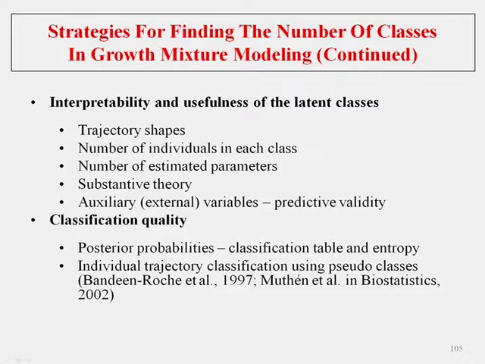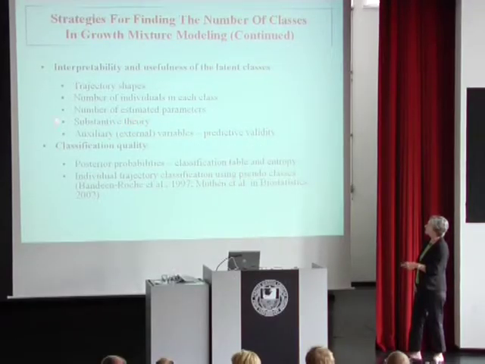And as we mentioned earlier, there's really no rule about that. But sometimes with very small classes, it's difficult to predict the variation within class because the covariates may not vary within the class. We look at the number of estimated parameters. We're always wanting the most parsimonious model that we can have. The substantive theory will drive the trajectory shapes.